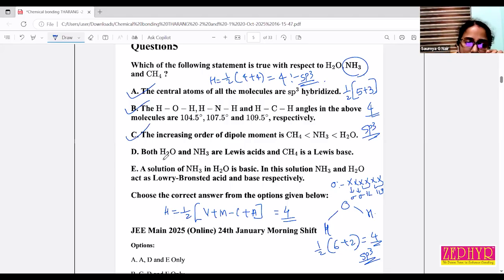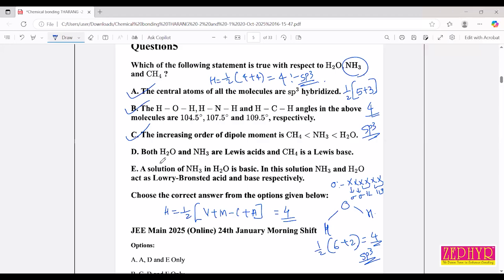Then, both water and ammonia are Lewis acids and CH4 is a Lewis base. What is a Lewis acid and a Lewis base? What is a Lewis acid? Electron deficient. A species that has the capacity to accept a pair of electrons is called a Lewis acid. A substance that donates a pair of electrons is called a Lewis base.